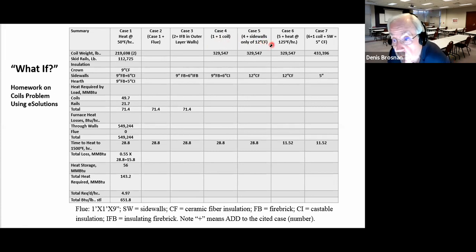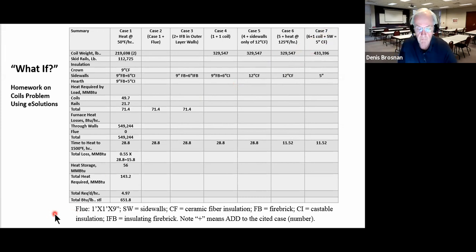Case number 6 was case number 5 and heat at a much higher rate than we were before. And case number 7 was the same as case number 6, plus 1 coil plus 5 inches of the ceramic fiber in the sidewall, a little less ceramic fiber in the sidewall.